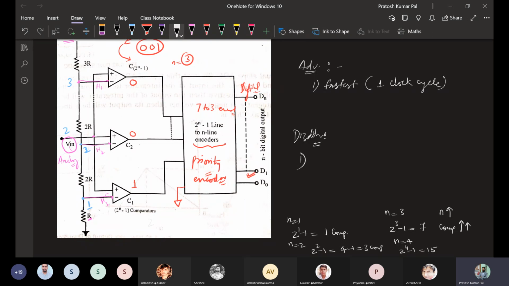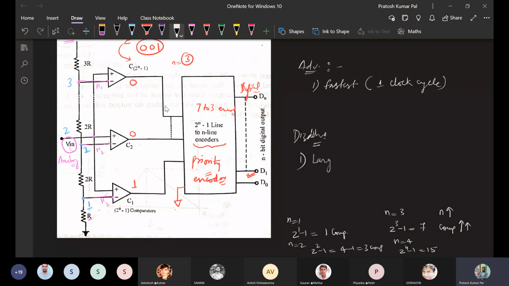If the comparator requirement is very high, then the hardware requirement is very high, or a large amount of hardware is required in case of flash ADC.